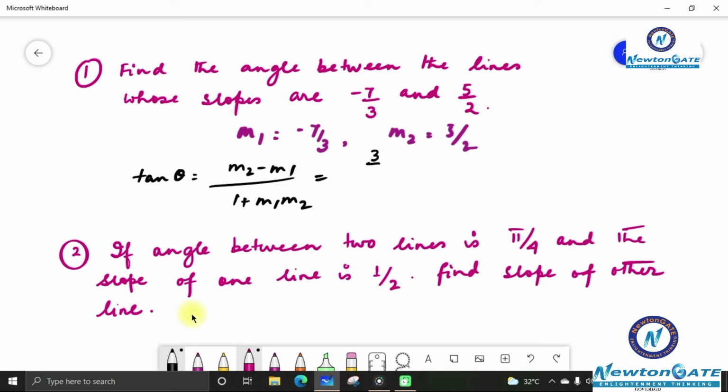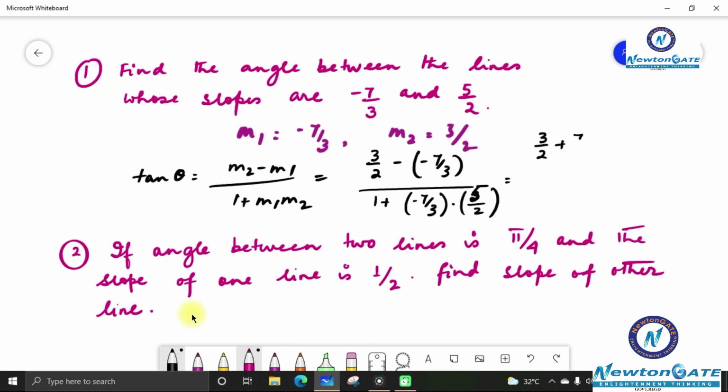So 5 by 2 minus of minus 7 by 3, over 1 plus minus 7 by 3 into 5 by 2. On simplifying, we get 5 by 2 plus 7 by 3, over 1 minus 35 by 6. That is 15 plus 14 over 6, and 6 minus 35 over 6.